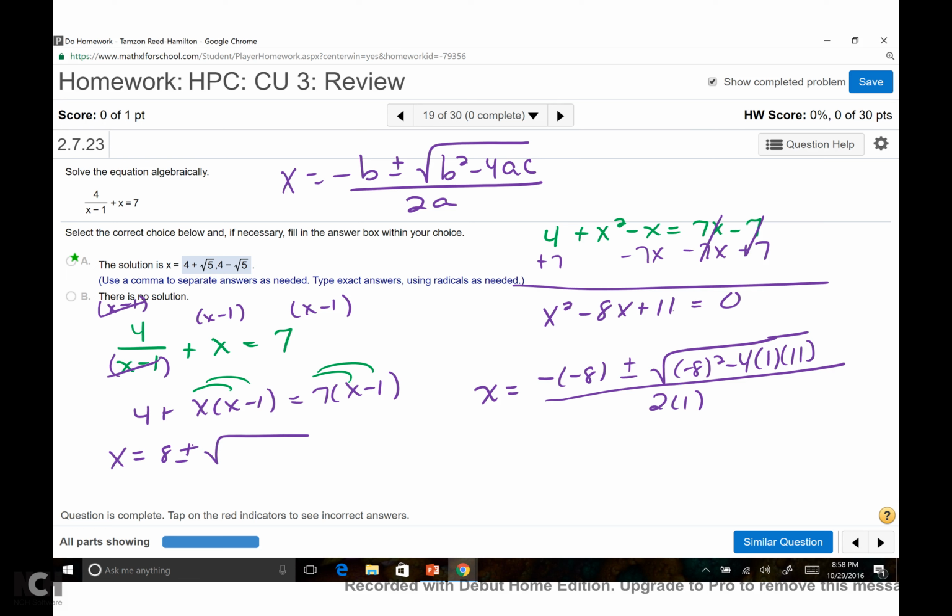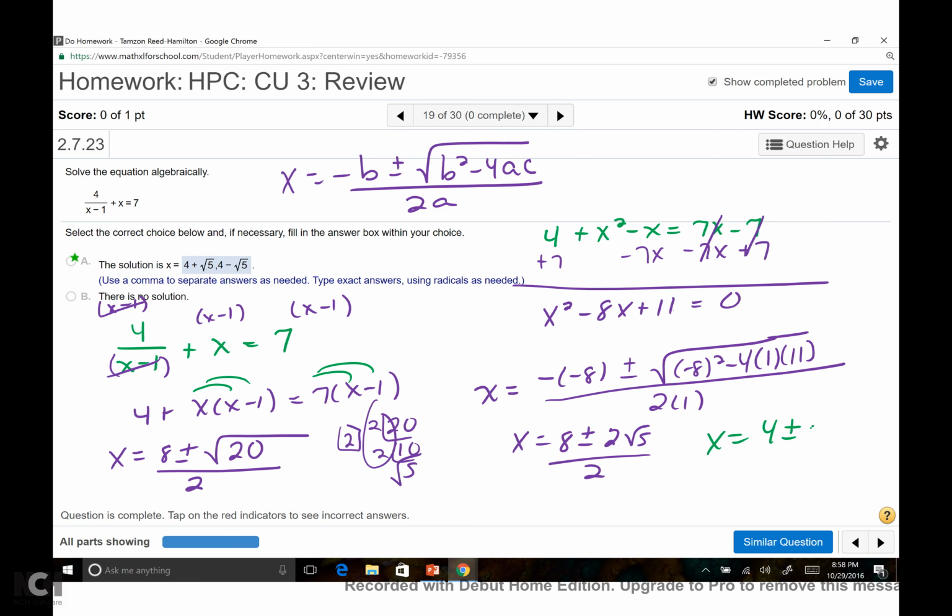If I break down 20, 2 times 10, 2 times 5, I get a perfect square 2, square root of 5. So I have x equals 8 plus or minus 2 square roots of 5 over 2. Reduced by 2, I get 4 plus or minus the square root of 5. So my two solutions are 4 plus the square root of 5 and 4 minus the square root of 5. And my only no-no would have been if I got 1, because x can never equal 1. Alright.